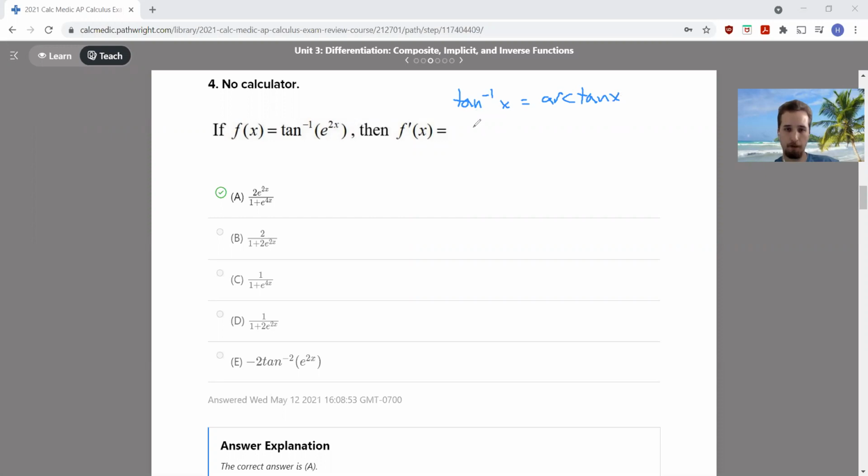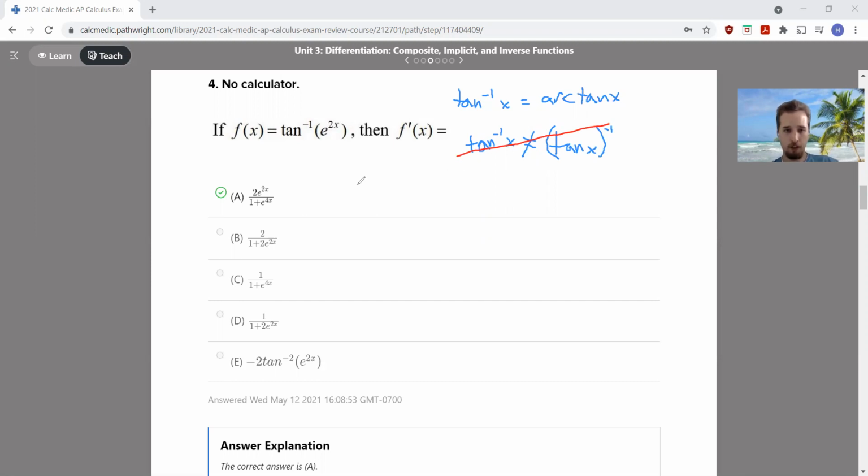So those are the same thing. Inverse tangent is the inverse of tangent. It's not equal to tangent of x to the negative 1 power. Let me just put that in red. This is not correct. Okay? This negative 1 here means it's inverse tangent, which means it's the opposite of tangent.